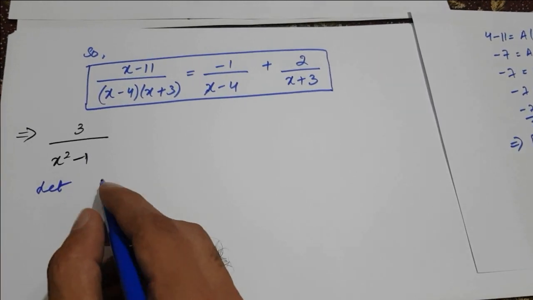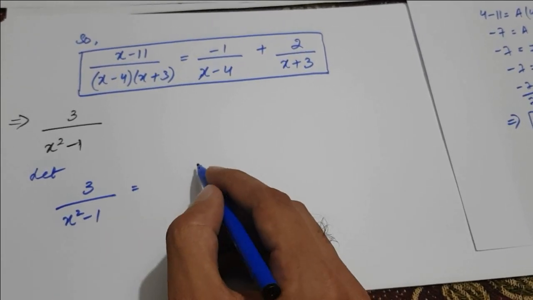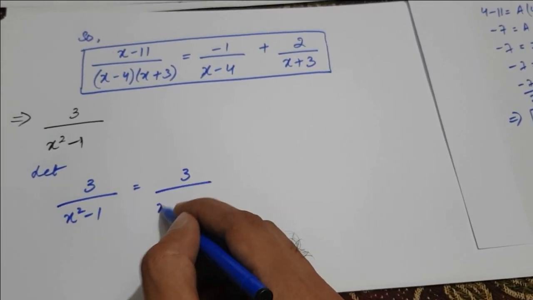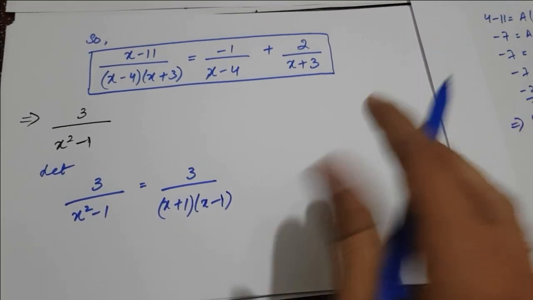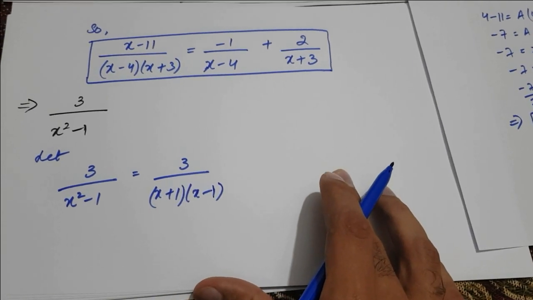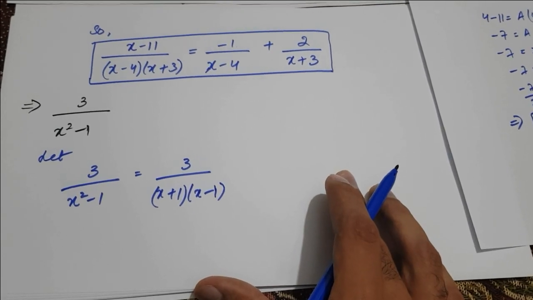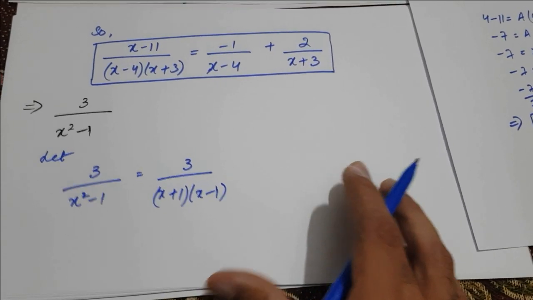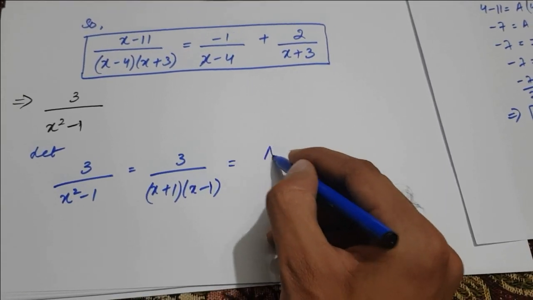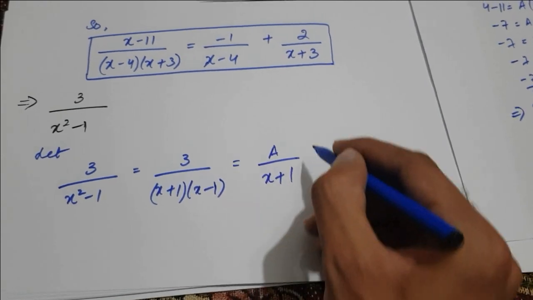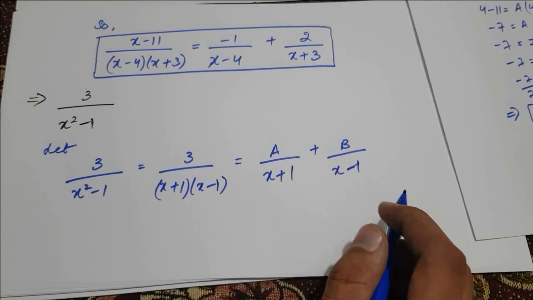We can write it as 3 over x squared minus 1 equals 3 over (x plus 1)(x minus 1), which is an example of reducible quadratic factors. We can simply solve it by the previous method: a over x plus 1 plus b over x minus 1, and you can simply solve it further.